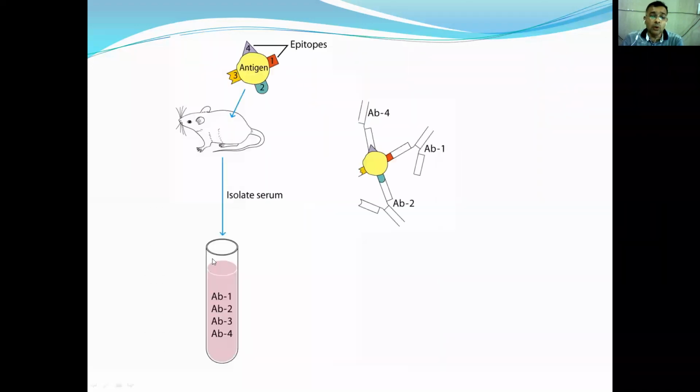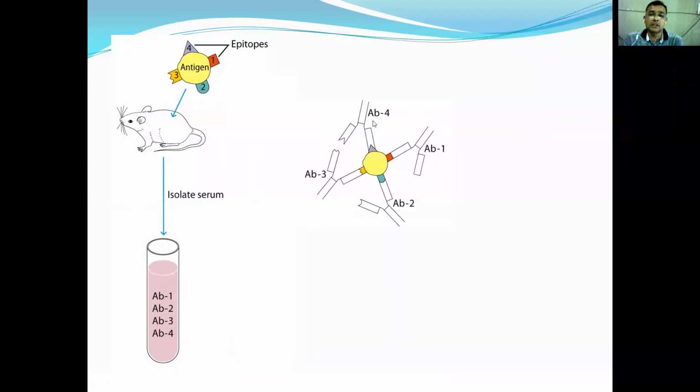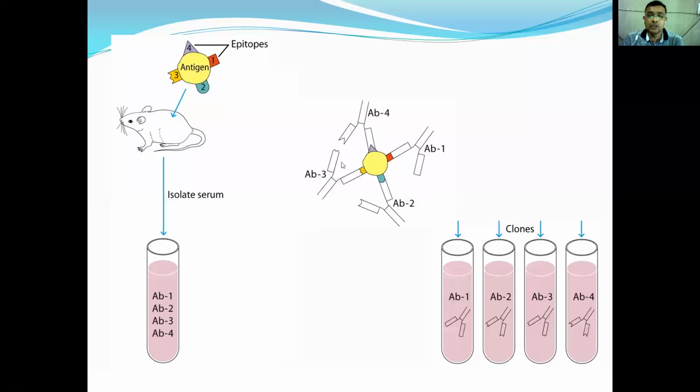So all this type of antibody are supposed to bind with their corresponding epitope, and a mixture of this antibody, or the clone if we can isolate it, we can call polyclonal antiserum or monoclonal antibody respectively. So polyclonal in general sense is a mixture of antibody directed against different epitopes.